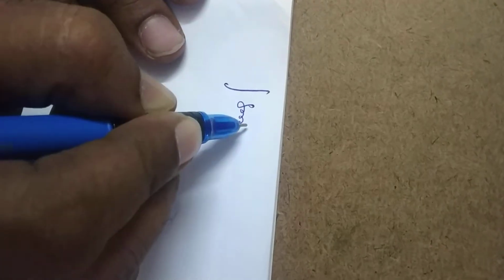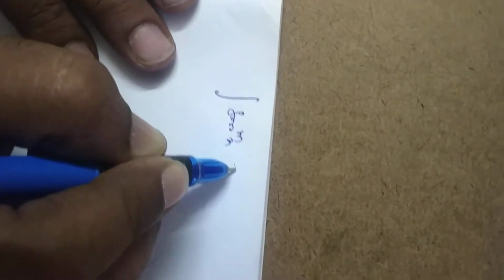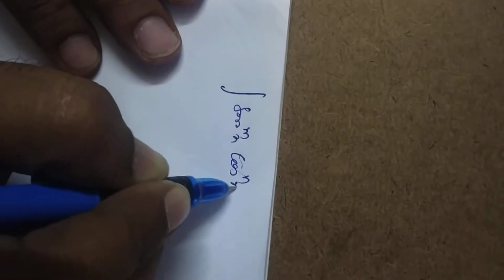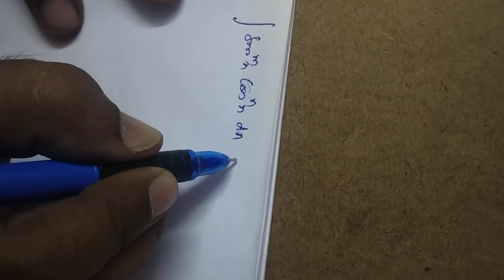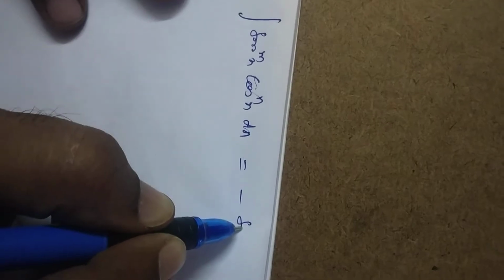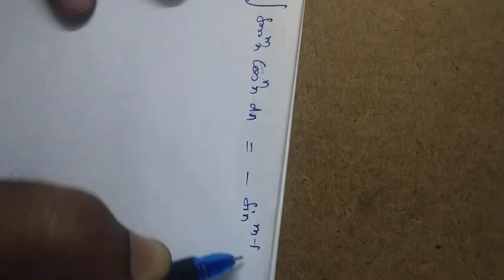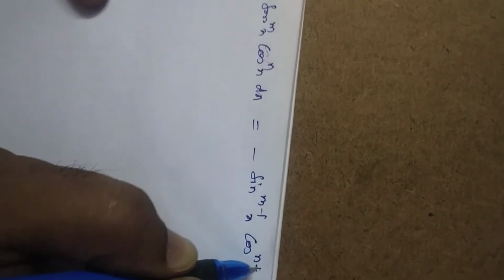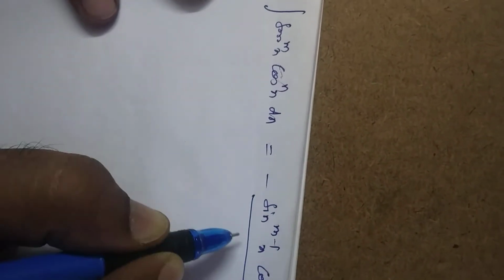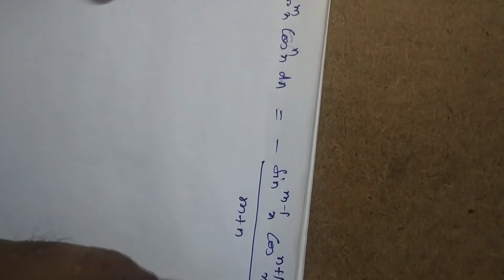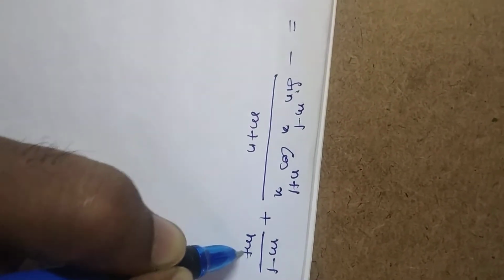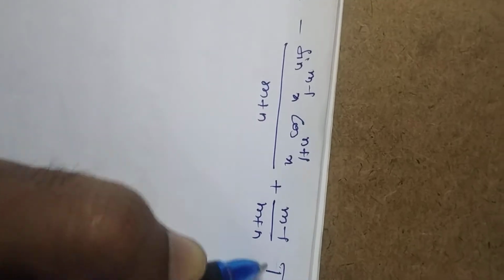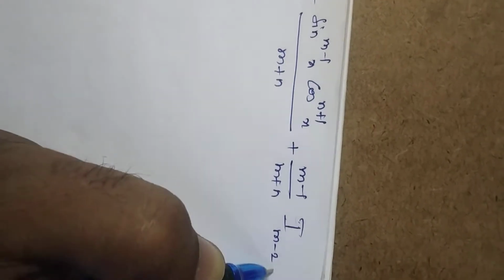For this we have a formula, that is the integration of sin^m x cos^n x dx, which is also equal to minus sin^(m-1) x cos^(n+1) x by (m+n), plus (m-1) by (m+n) into I(m-2, n).